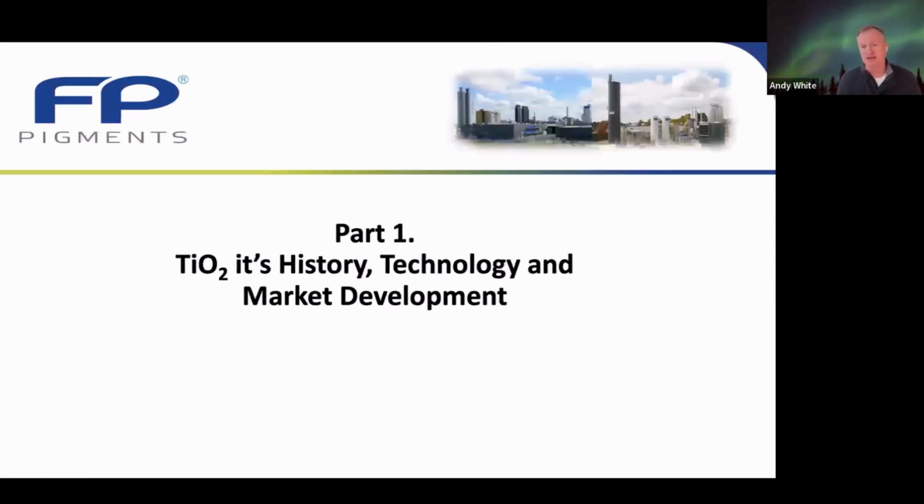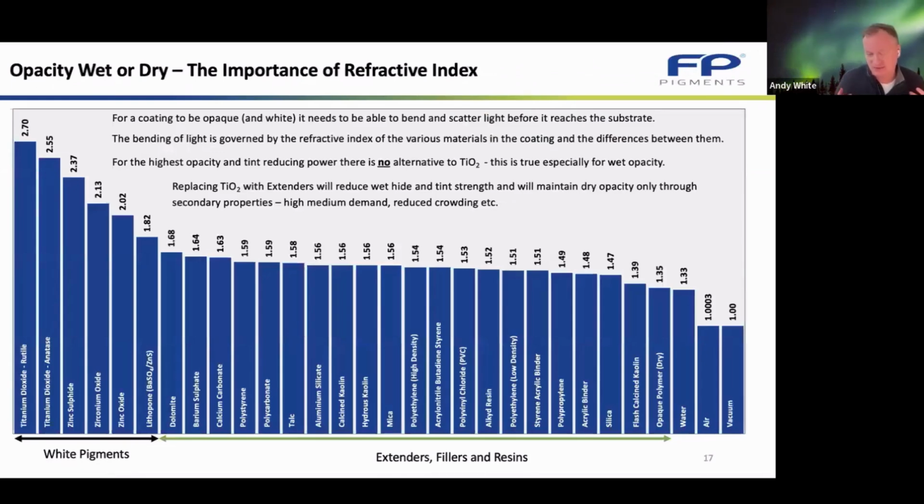So first of all, to talk about titanium dioxide, the fundamental thing about titanium dioxide, and although this doesn't really impinge on its history, is that rutile titanium dioxide is only used because of its ridiculously high refractive index.